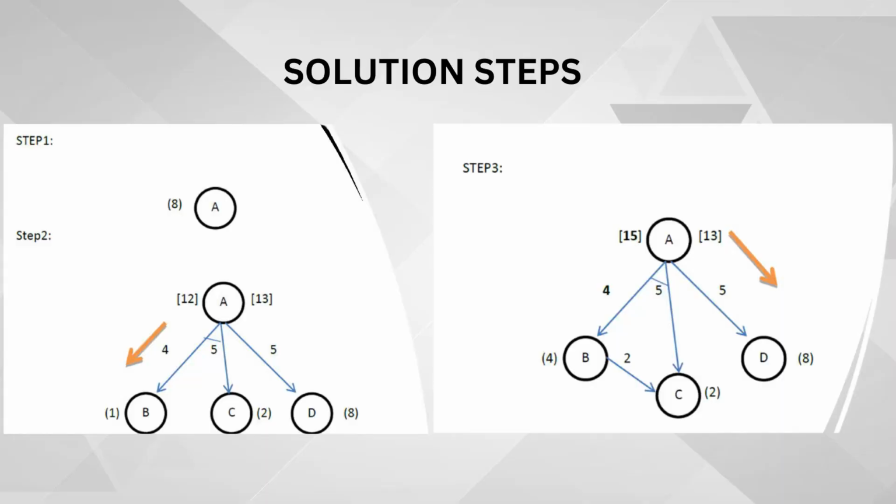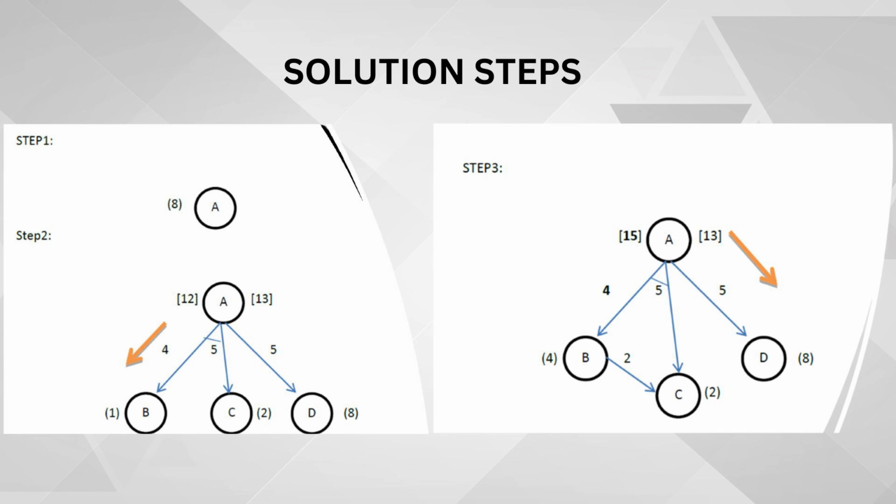So, how can we solve this problem? We can go step by step. In step 1 we have A is equal to 8, meaning the heuristic value of A is 8. Step 2, now we have to calculate the AND and OR value. Here we have B is equal to 1, C is equal to 2 and D is equal to 8.